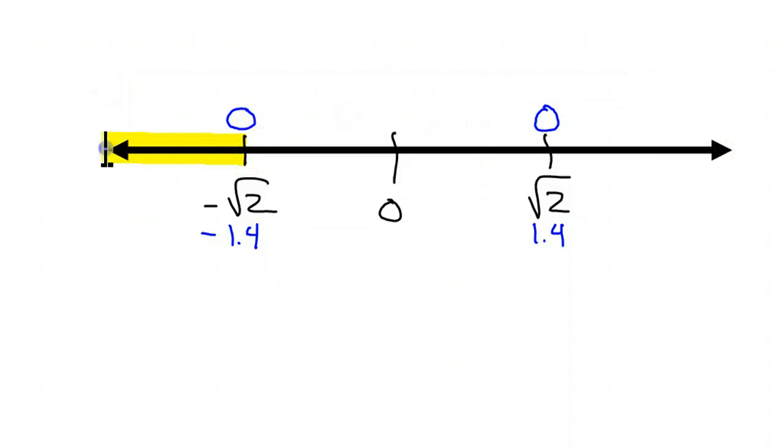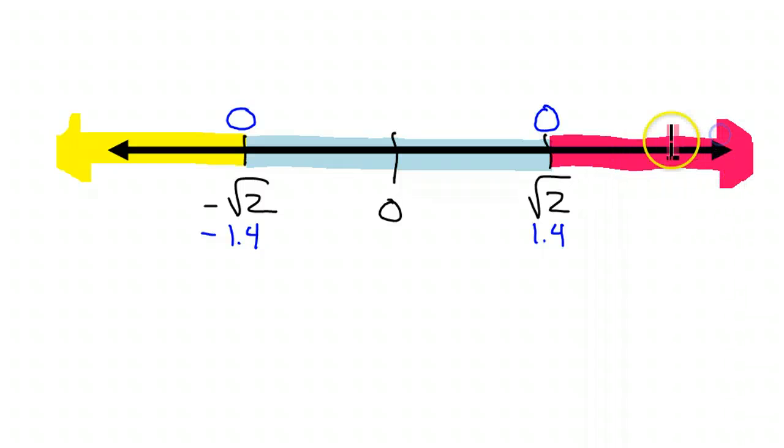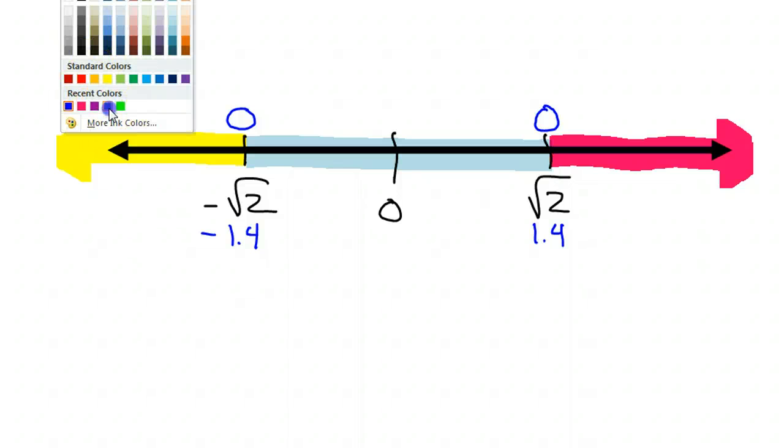We have this yellow section to the left of negative radical 2. We have this blue section going between negative radical 2 and positive radical 2. And we have this pink, or red, section to the right of positive radical 2. Our x-intercepts divide the number line into 3 zones. We need to try a test value from each zone.